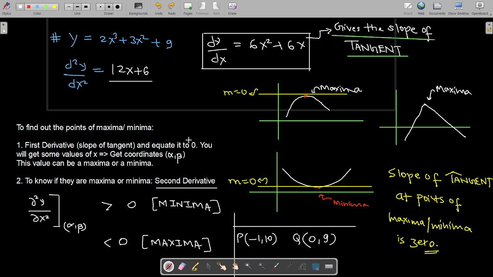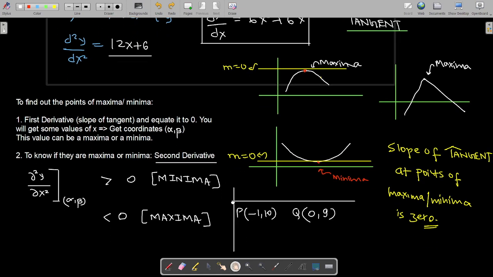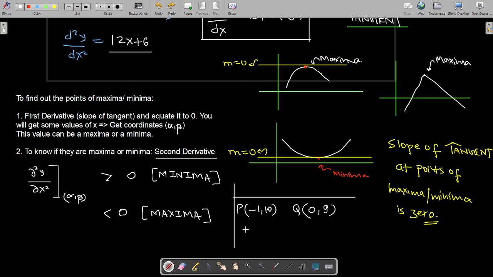Oh wait, I saw the signs wrong. Pay some attention. Is it a maxima or a minima? It's less than 0, so it's a maxima. What about point Q? Point Q is minima. It's greater than 0, because it's 6.